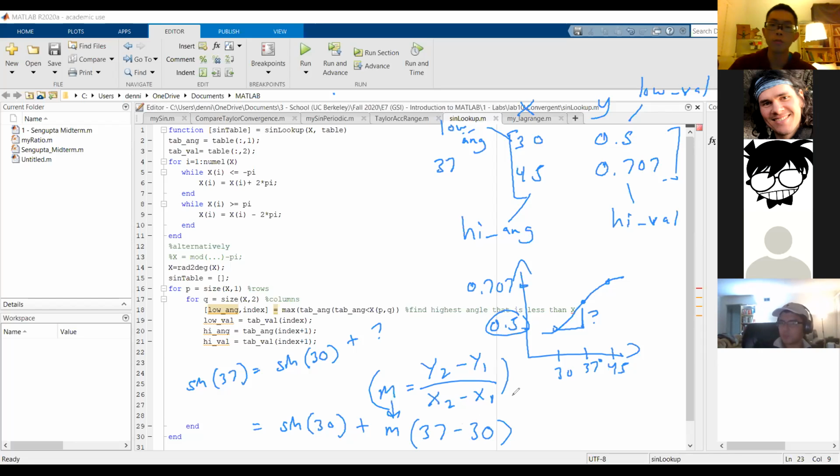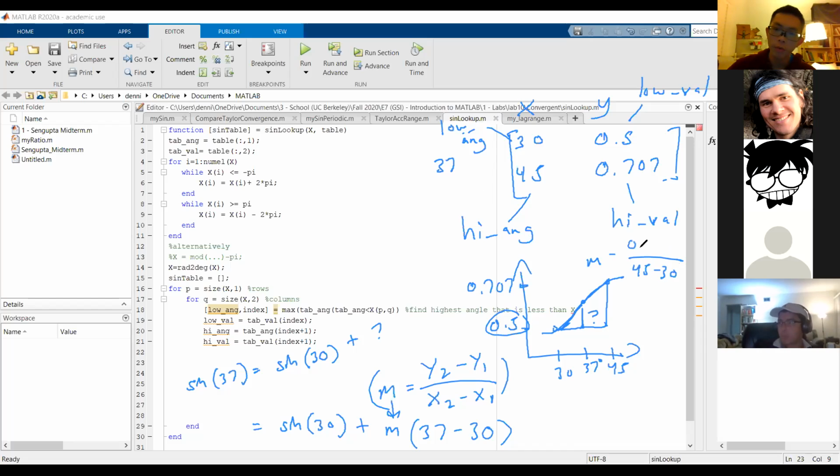So how do we find this, y2 minus y1 over x2 minus x1? We're not going to use this distance over here, obviously. We're going to assume that the slope from here to here is the same as the slope from here to here. We're going to calculate m as 45 minus 30 over, I keep making that mistake, this should be on the denominator: 0.707 minus 0.5 over 45 minus 30.